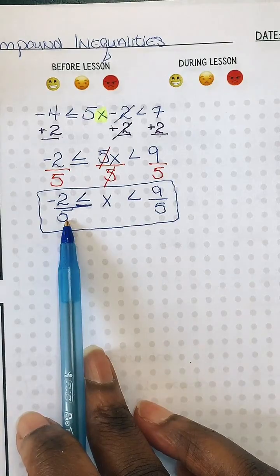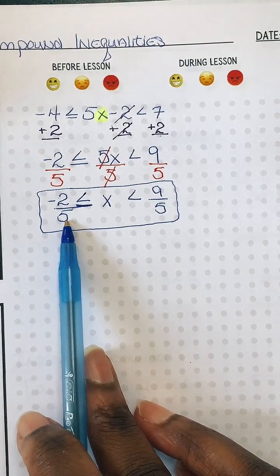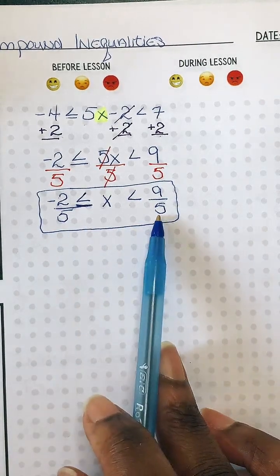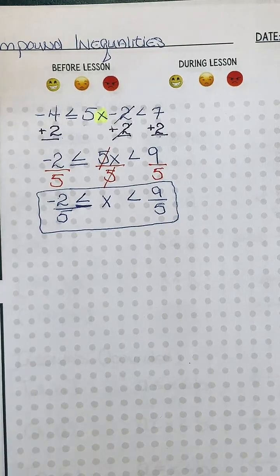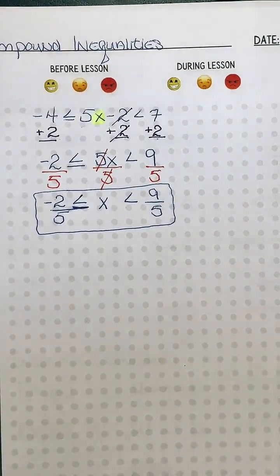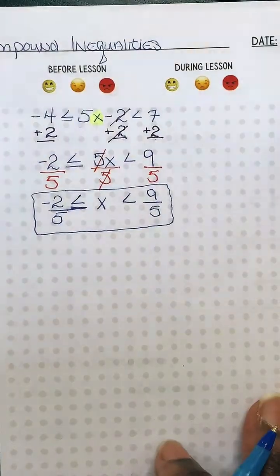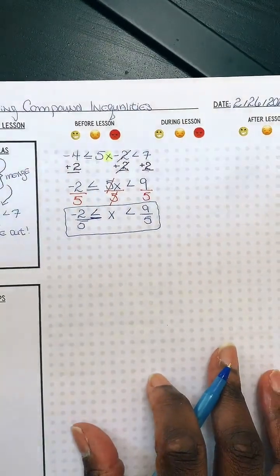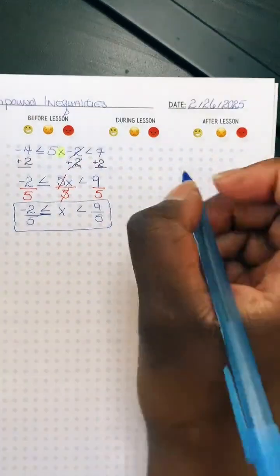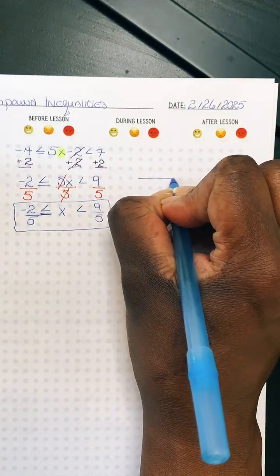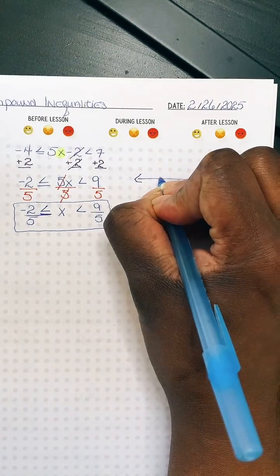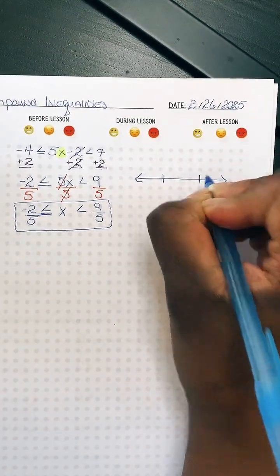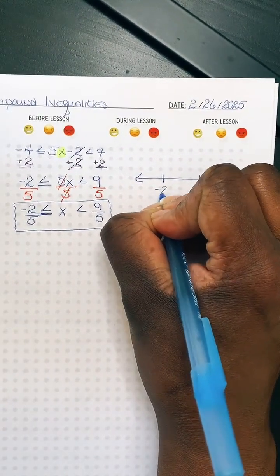All right. And if you want to do, hello, Princess Two Spice, how are you? Yes, you can also put it as 1 4/5. That's fine. If you want to put it in its decimal form, that's fine as well. But when we're looking at, say, the number line, let me unzoom a little bit so I can give myself a little bit of room. So if I look at the number line, if they ever ask me to graph it, all I have to do is just graph my ends, which is a negative 2/5.